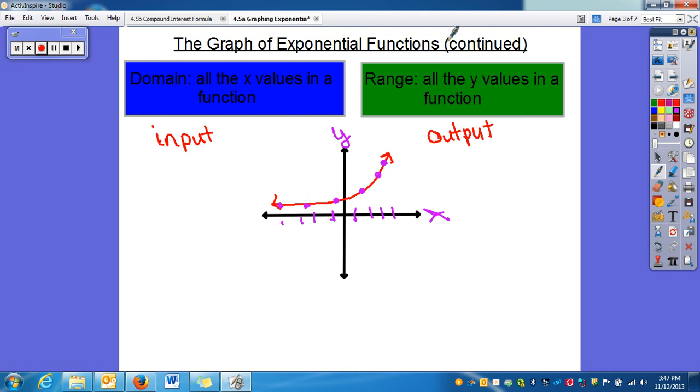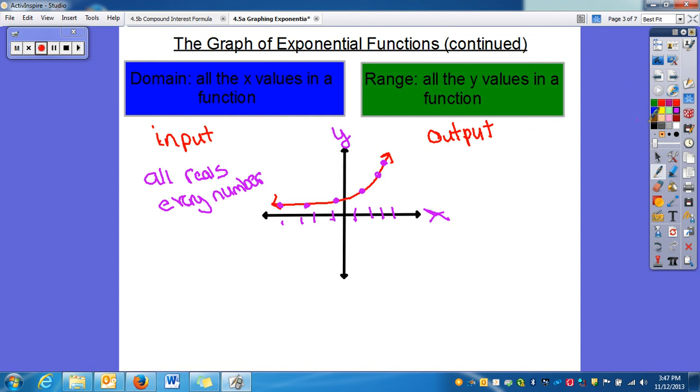So the domain of an exponential function is always going to be all reals. And all reals is just a fancy way of saying every number. You can plug in any real number, and real numbers are just like 1, 2, 3.5, decimals, negative numbers, things like that. I can plug those in for values of x, and I can get an output.